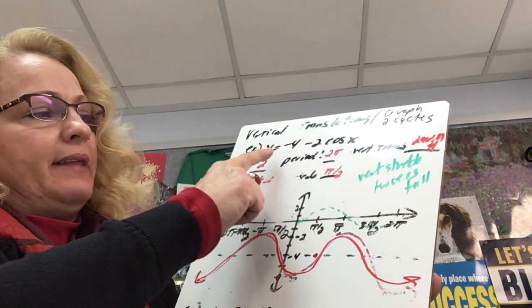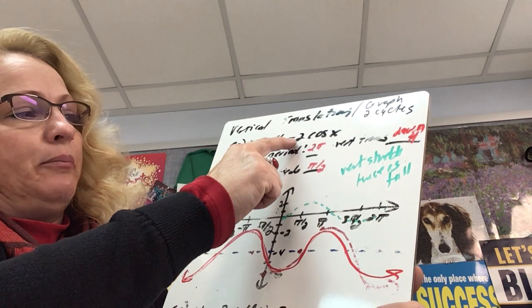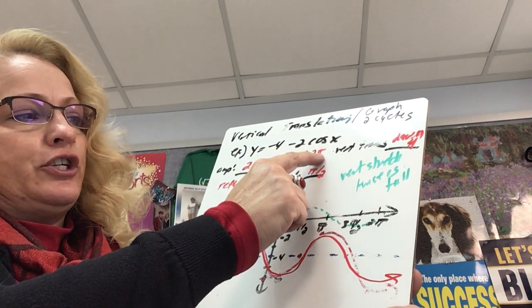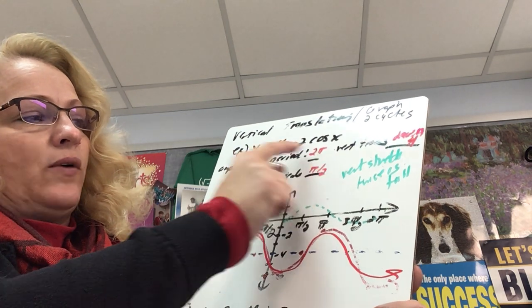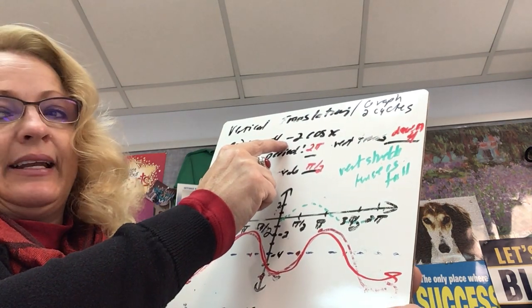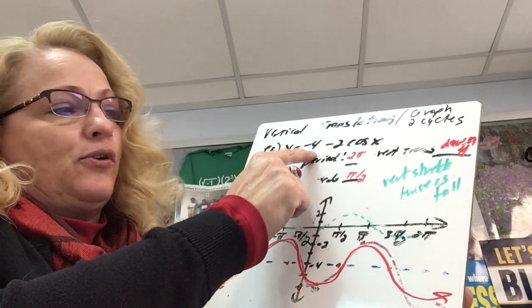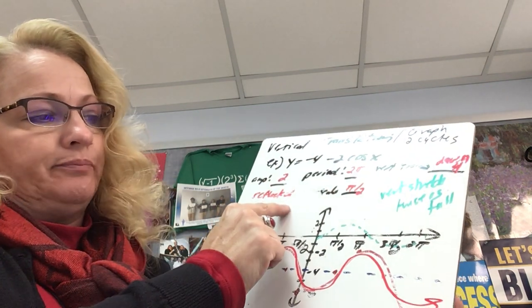Okay, so in this equation, we know that the amplitude is 2, the period is 2 pi, there's no change. It's going to be reflected because of the negative. And now what we're, quote unquote, adding to the equation, or in this case, subtracting, the -4 means it's going to move down 4.